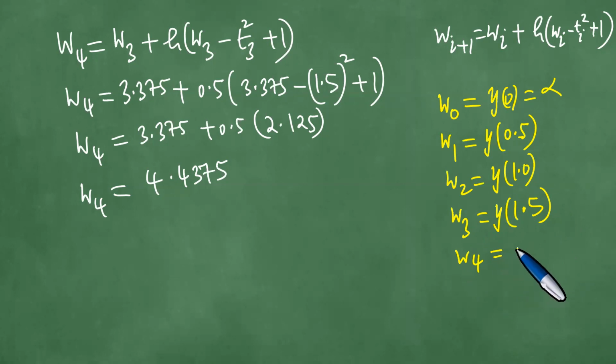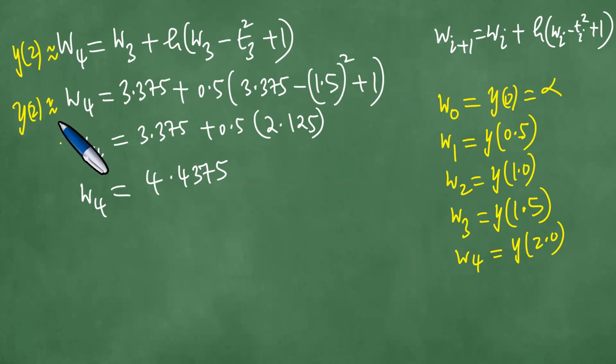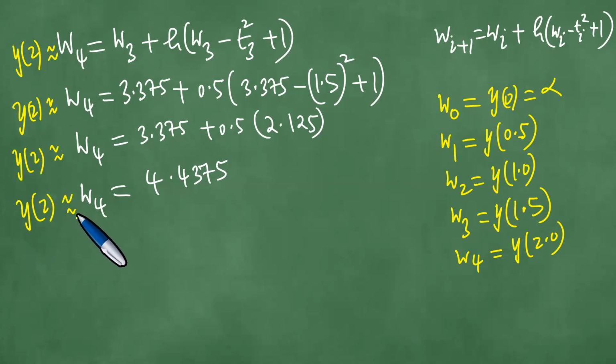So W4 is actually 2.0, meaning this one is Y at 2, approximately Y at 2, which is what we had to estimate.